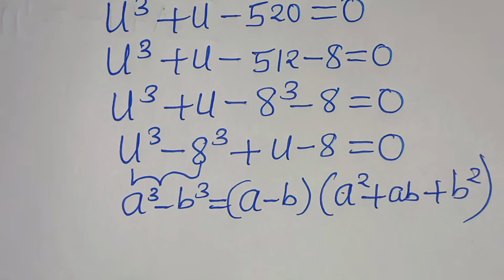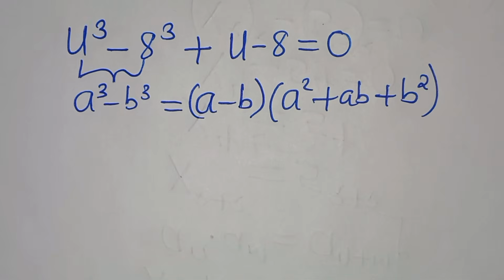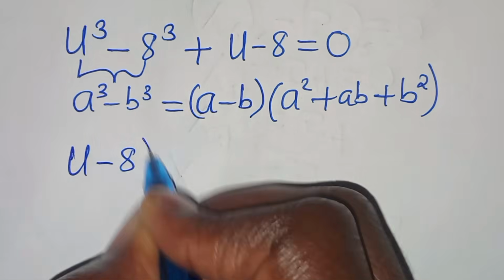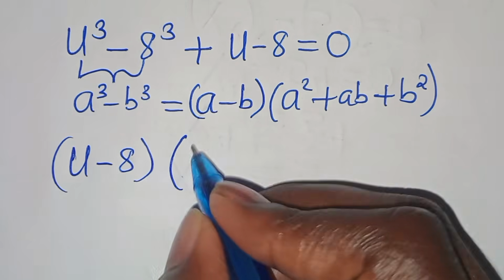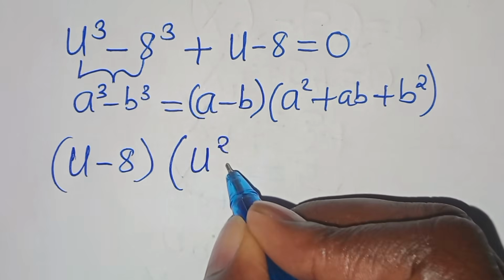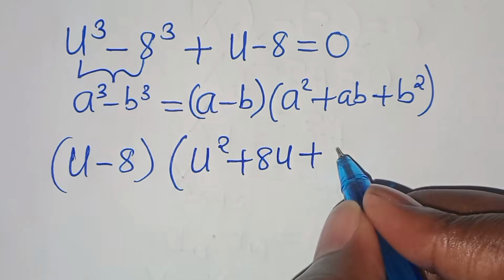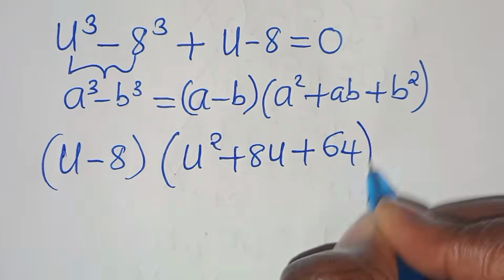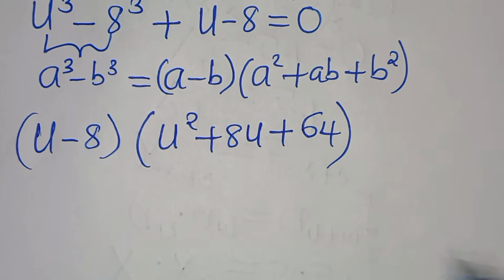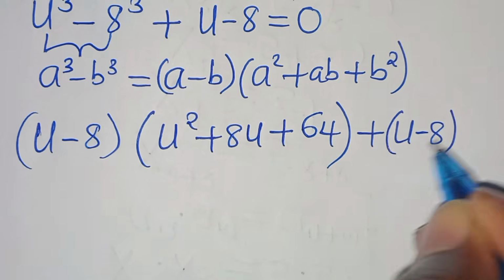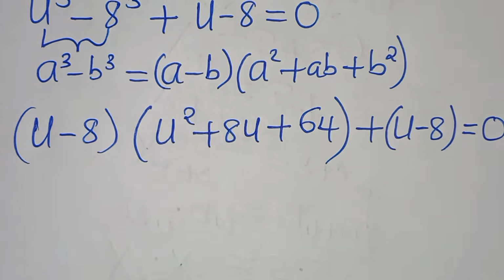Applying this identity, then we have (u - 8)(u^2 + 8u + 8^2, this is equal to 64), then we have plus 8 minus u, close the parentheses, equal to 0.